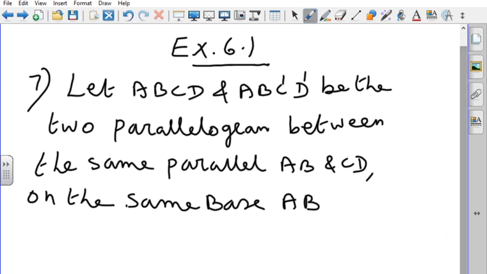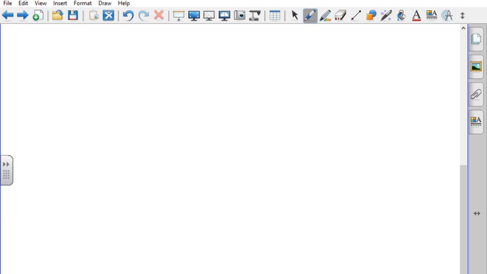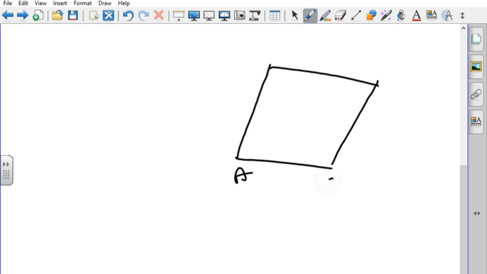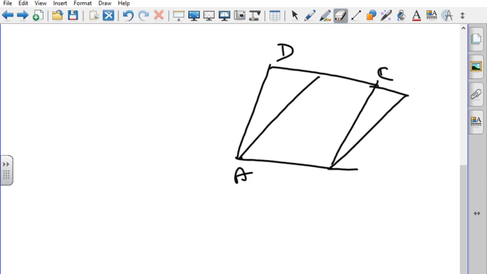So the diagram is this. ABCD is a parallelogram and we have to draw another parallelogram, ABC dash D dash.